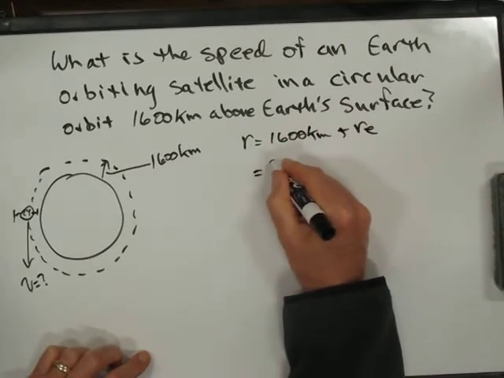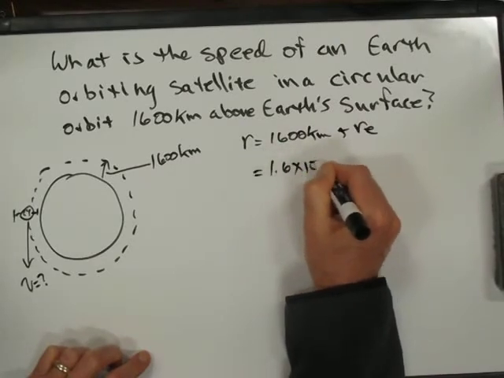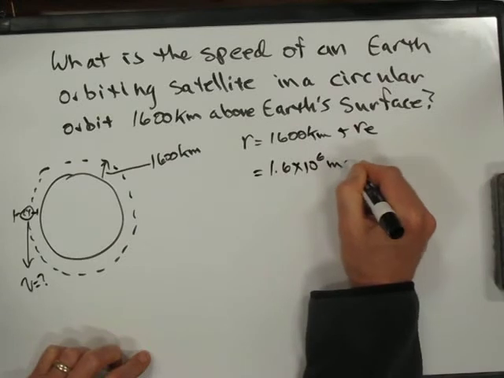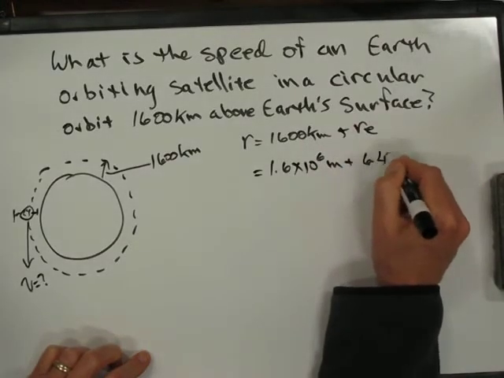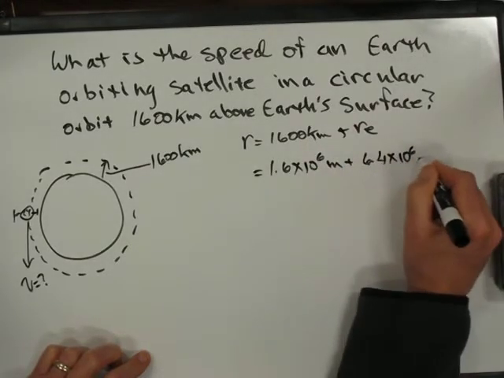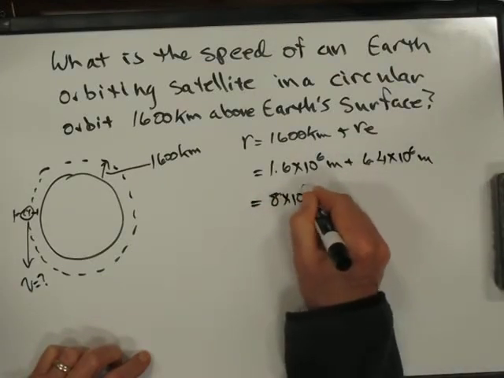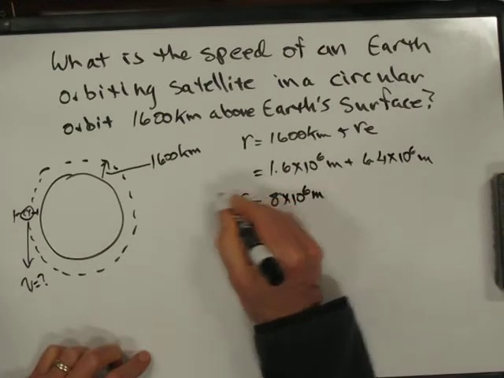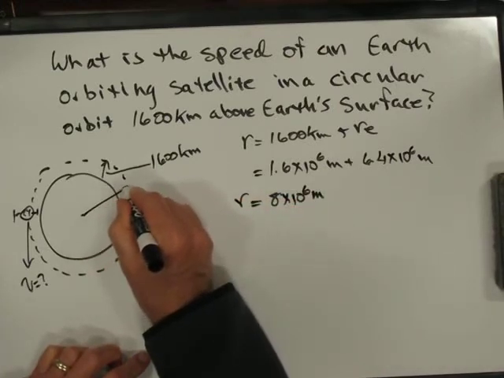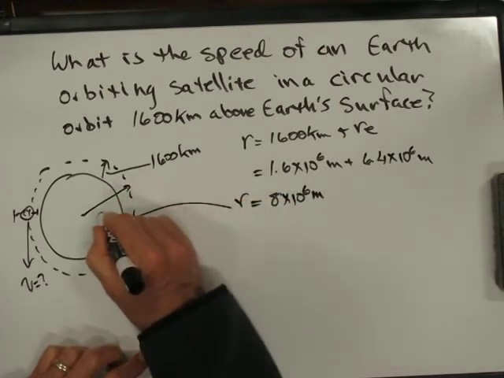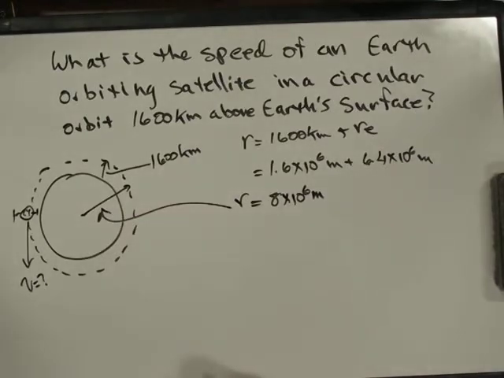And that's 1.6 times 10 to the 6th meters plus 6.4 times 10 to the 6th meters, which is 8 times 10 to the 6th meters. That's this distance, right? That's the distance we need.